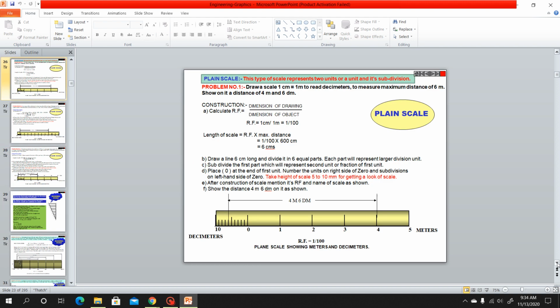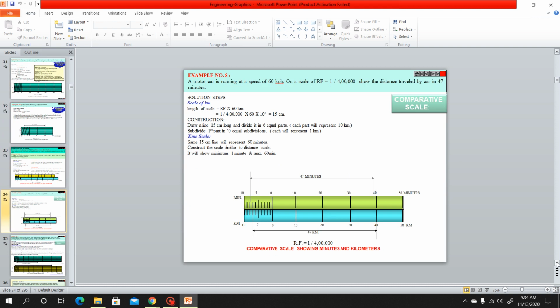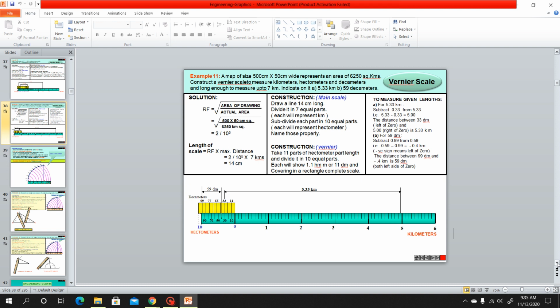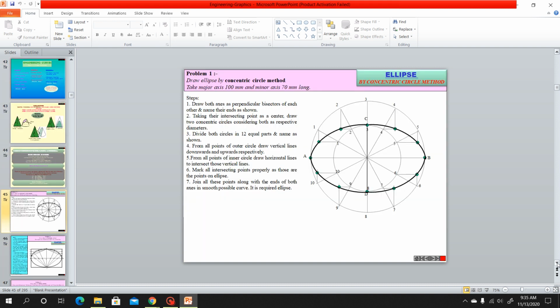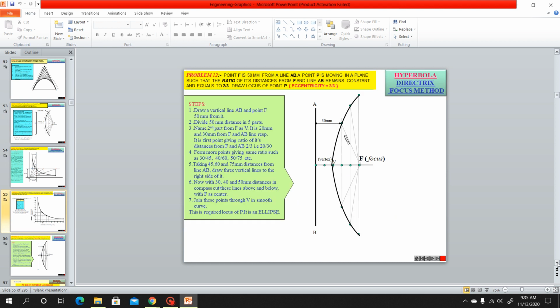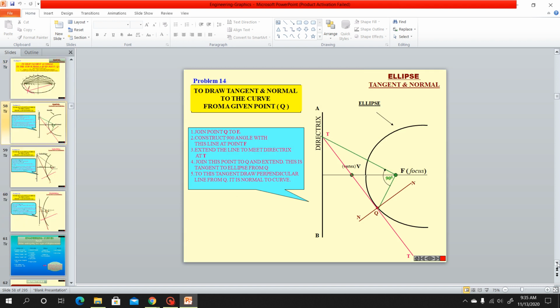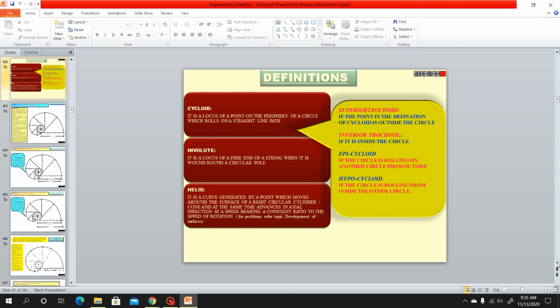In today's class, we will discuss two more types of engineering curves, and those curves are epicycloid and hypocycloid.